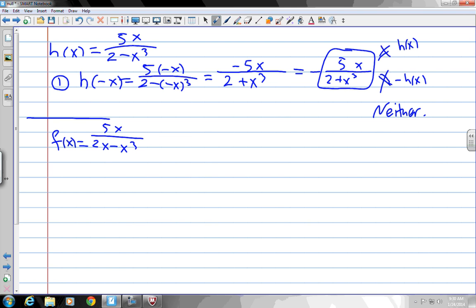I should, but just for the sake of showing you the mess, because I can reduce everything by x. If I just do f of negative x, see what happens. It's 5 times negative x over 2 times negative x minus negative x cubed.